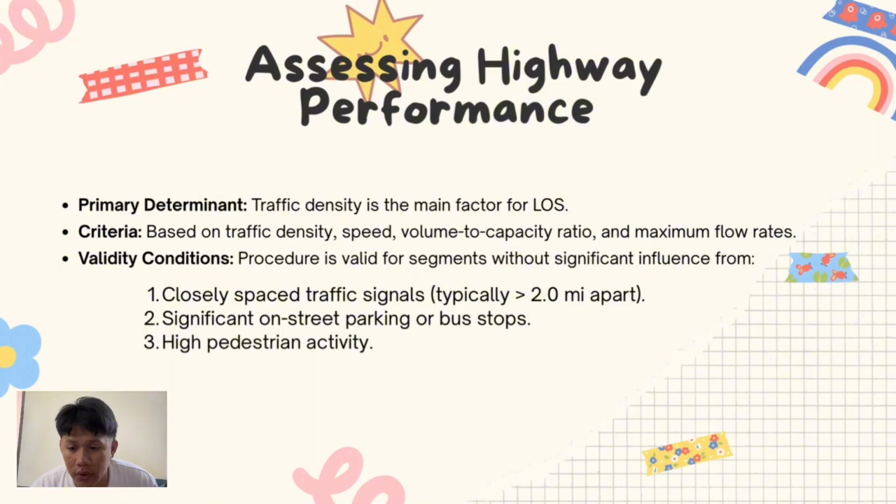Capacity is also important. It measures how many vehicles the highway can handle at a time. Other factors include safety, by analyzing the number of accidents, and road condition, which examines the quality of the pavement and markings. By assessing these aspects, engineers can identify problems like bottlenecks and poor road design, and make improvements to ensure the highway remains efficient, safe, and comfortable for drivers.